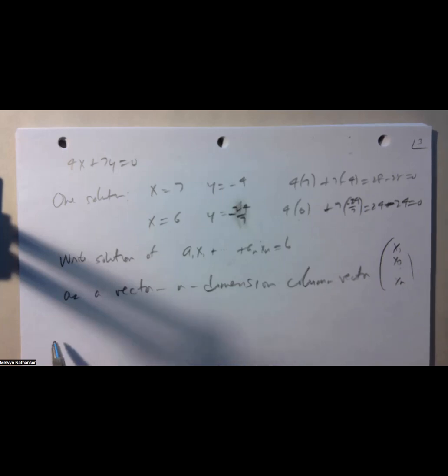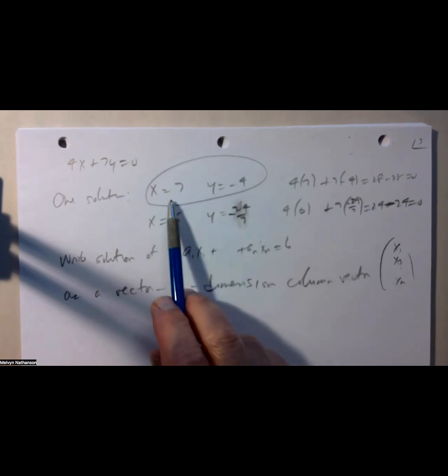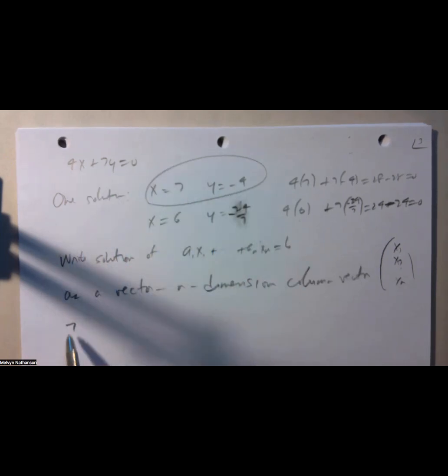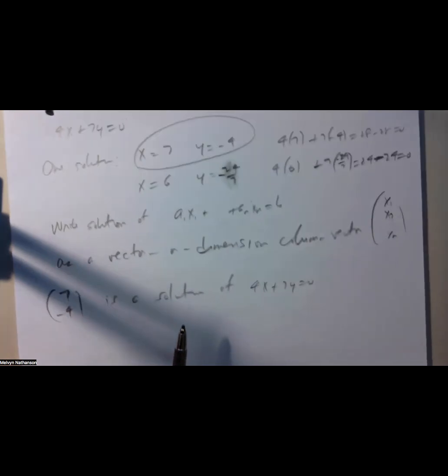So for example, if I take x equals 7, y equals minus 4, the vector (7, -4) is a solution of 4x plus 7y equals 0.